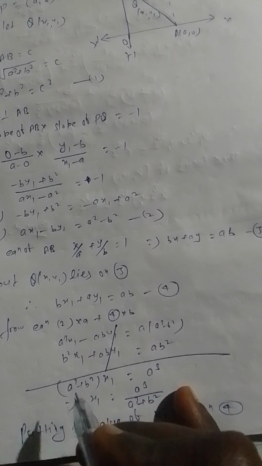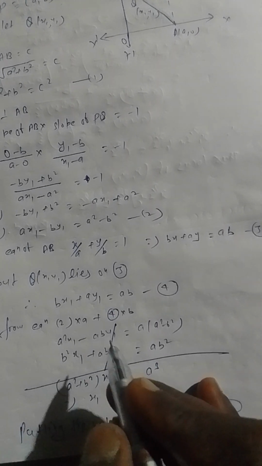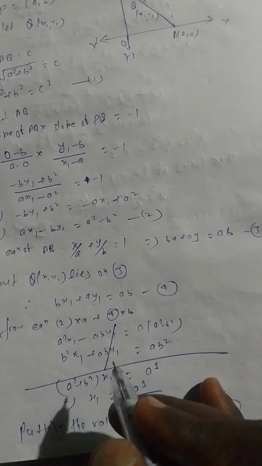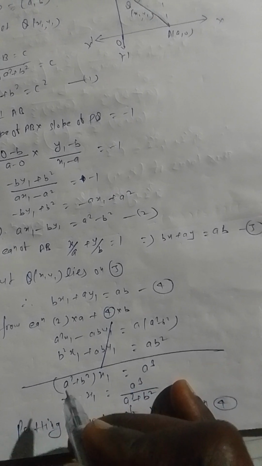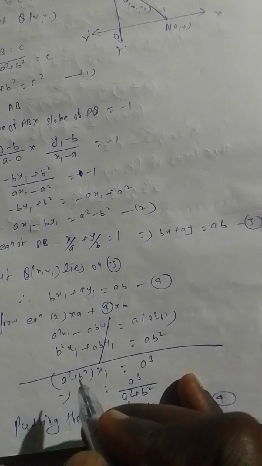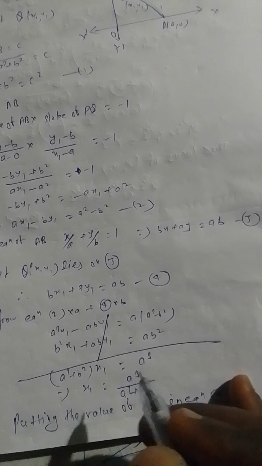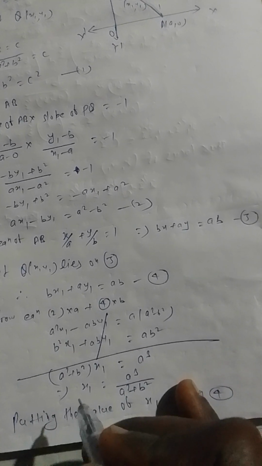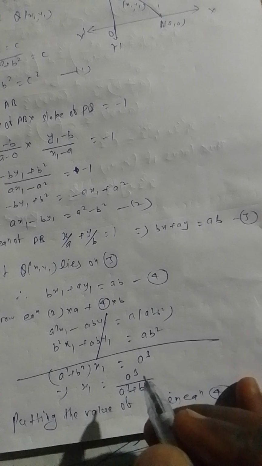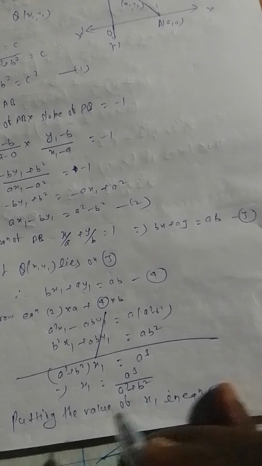Adding, minus ab y1 and ab y1 cancel. So (a square plus b square) into x1 is equal to a cube, which implies x1 is equal to a cube by (a square plus b square).